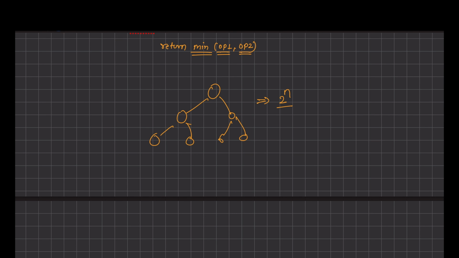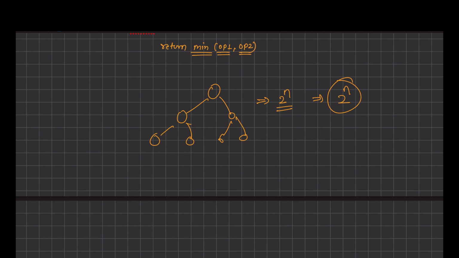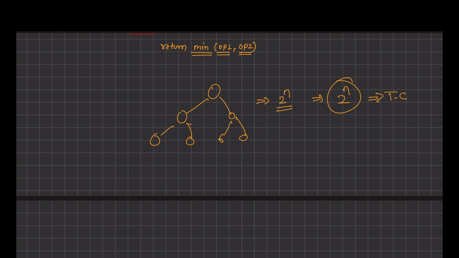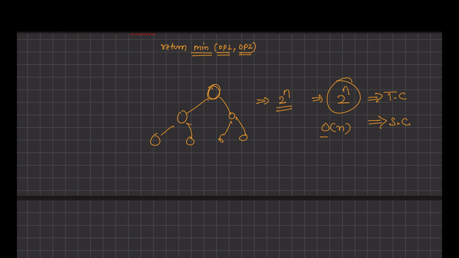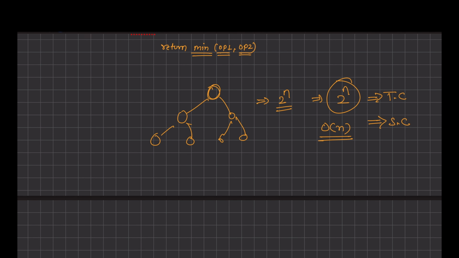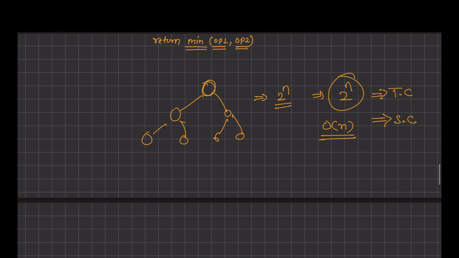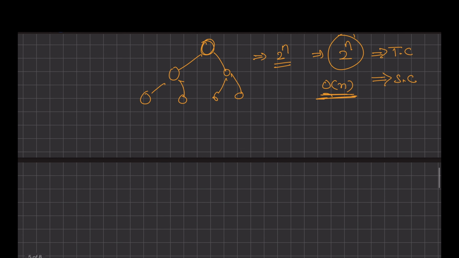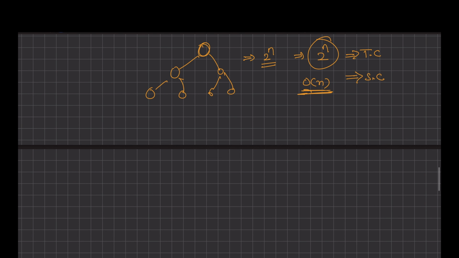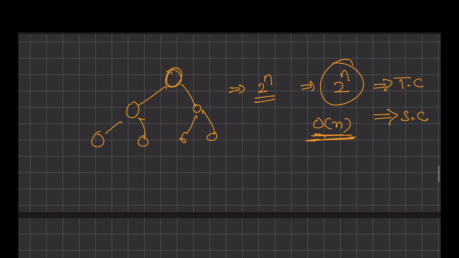It depends on how many options we have at each level, 2, and the number of nodes, n. So our time complexity will be 2 to the power n. And what is our space complexity? How many nodes do we have? n. So recursion will take O of n space complexity. So that's it, guys. Let's code this solution.